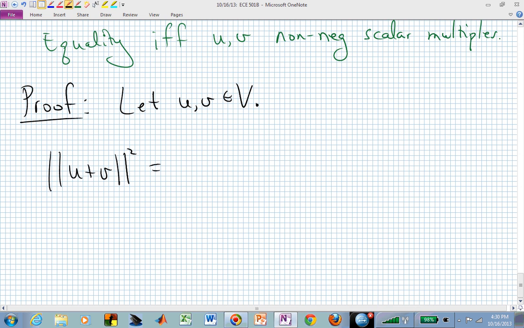What does this equal? The norm of U plus V quantity squared. That's an inner product, isn't it? So we now have the inner product of U plus V and U plus V.